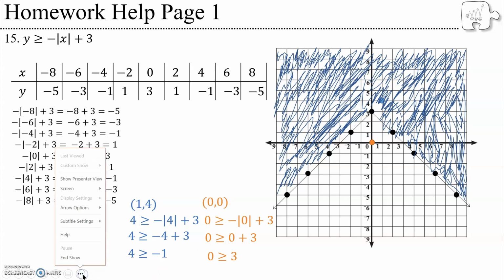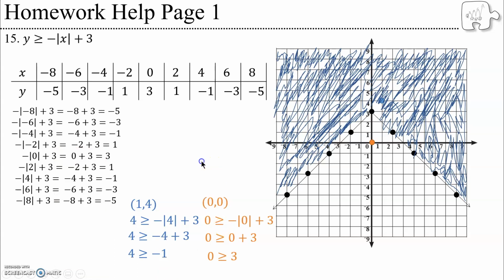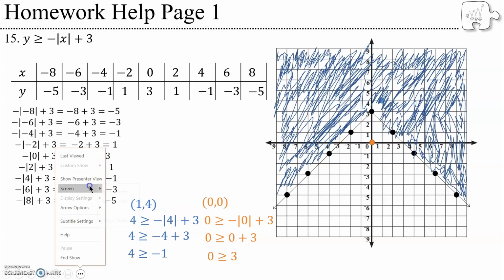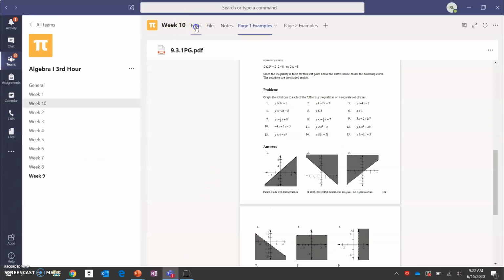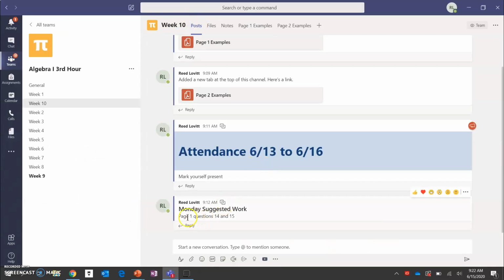So remember that this is all you had to do today, because the suggested work was page 1, questions 14 and 15. So that was it for today.